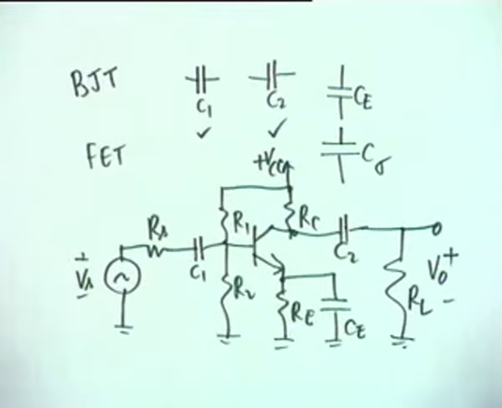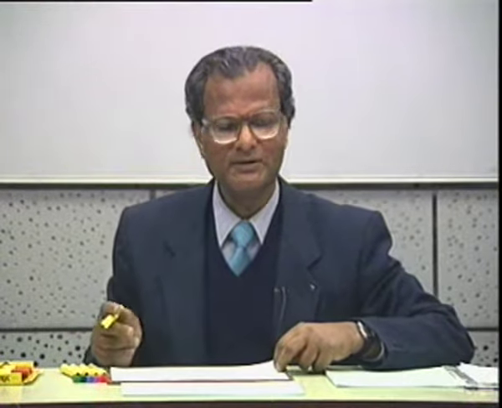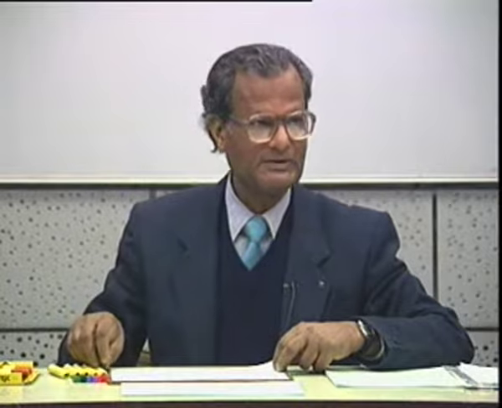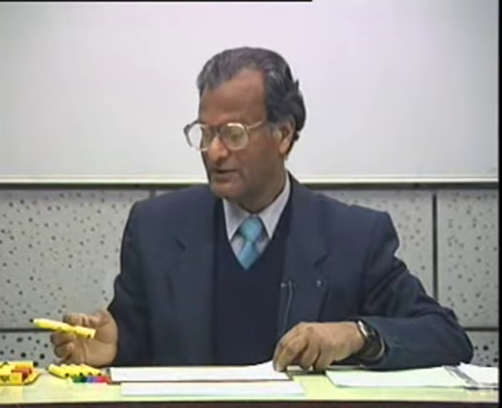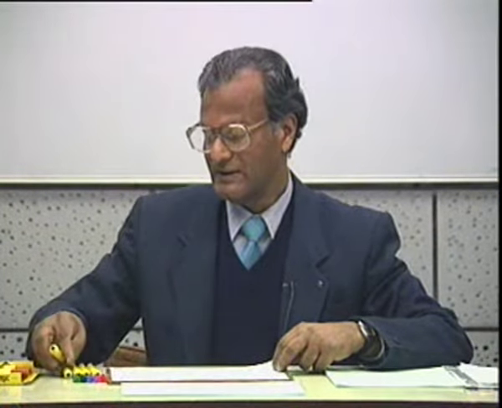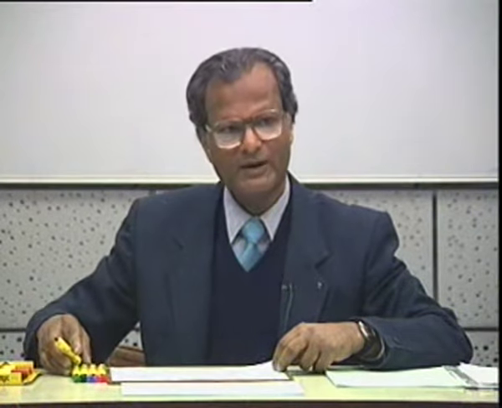to be considered. Now I must point out that in integrated circuits one is not allowed to use capacitors, and we have seen different kinds of circuits, at least for biasing, with the help of current mirrors or current sources.